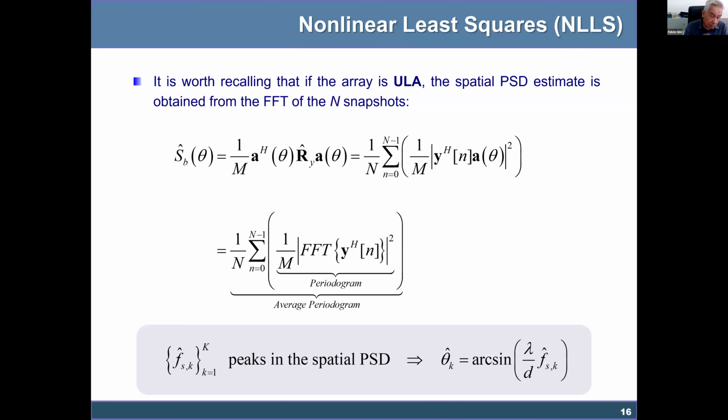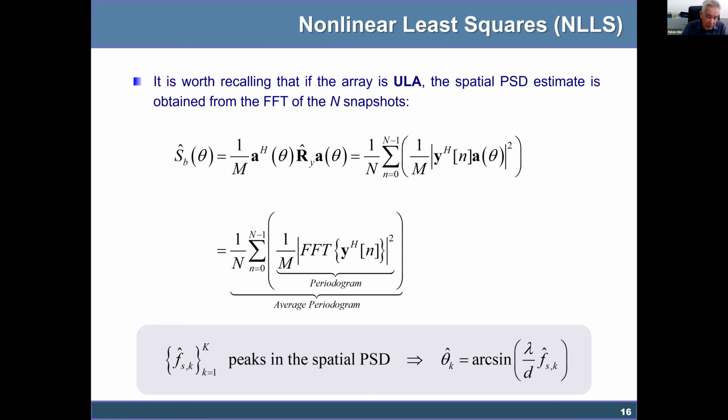And moreover, if the array is Euler, things are even better from the computational complexity point of view, because if you remember, the estimated spatial power spectral density that is given by this expression can be expressed as the average of the periodograms, and so each periodogram can be calculated by the fast Fourier transform.